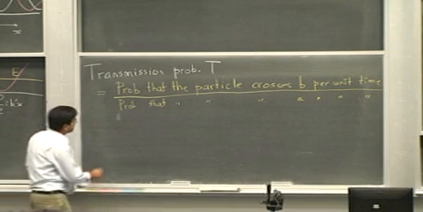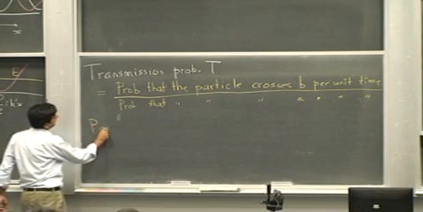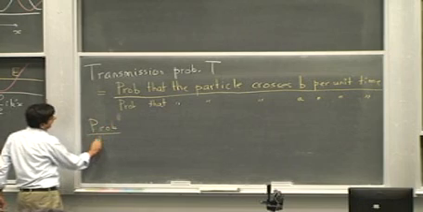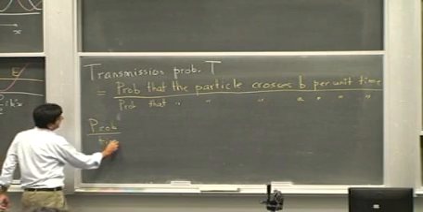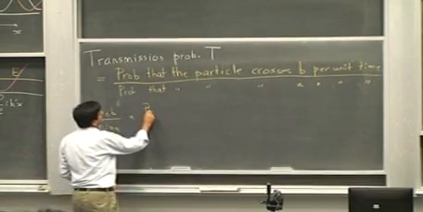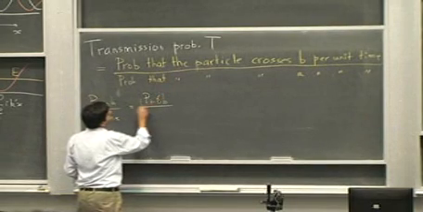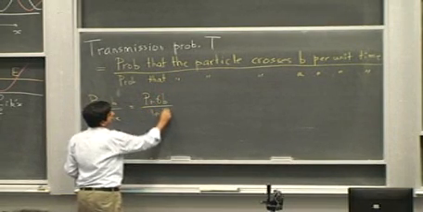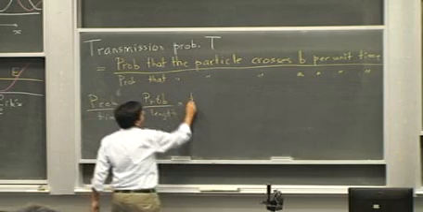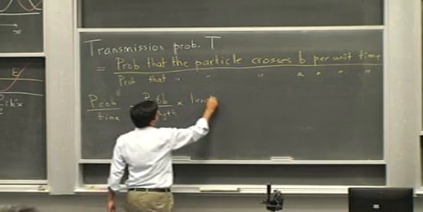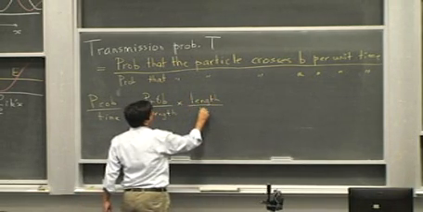Now any probability per unit time is given by probability per unit length multiplied by length per unit time.